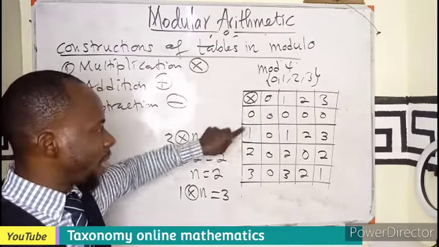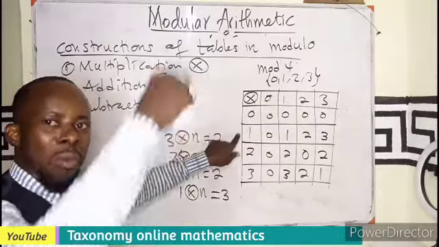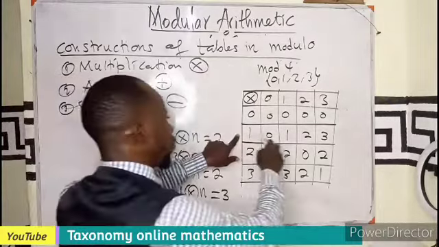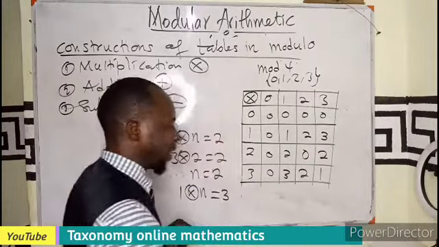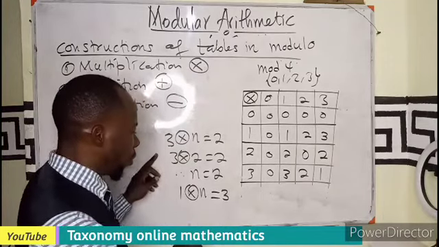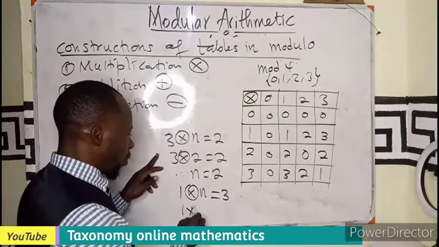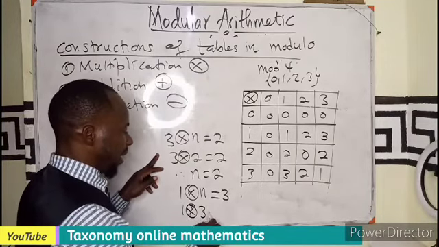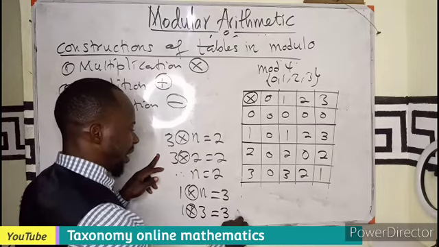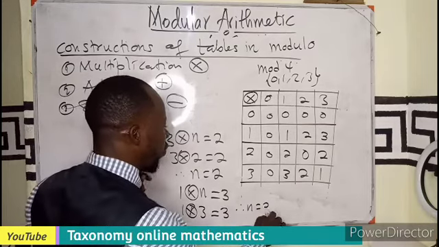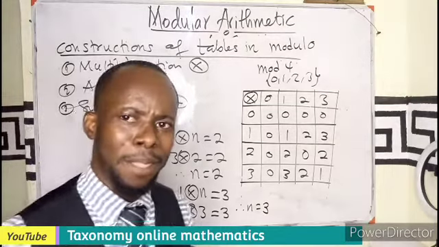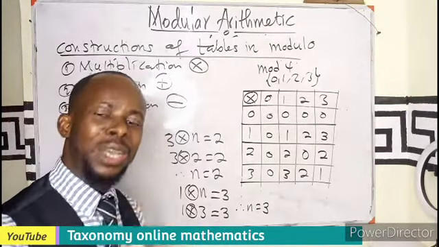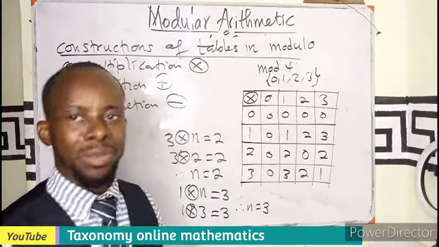So I pin down my 1, then start multiplying. In this row, where do I get 3? So I will just say from the table, 1 times what? 3 gives me 3. Therefore, n equals 3.